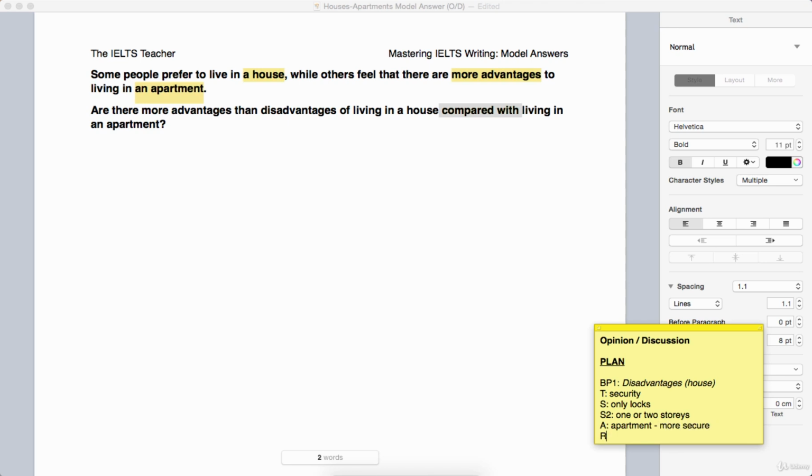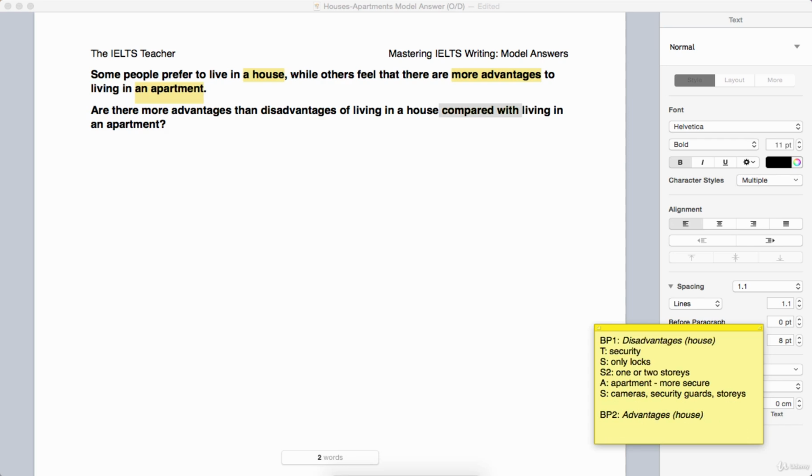Well, we can say that's because, which is a support sentence, they tend to have cameras, a particular kind of camera we'll look at later, security guards, and more stories. They tend to be a lot taller. So just by thinking of your initial idea, that immediately can give you the idea for apartments as well. So you don't actually have to think about all that much, but you're addressing all parts of the task.